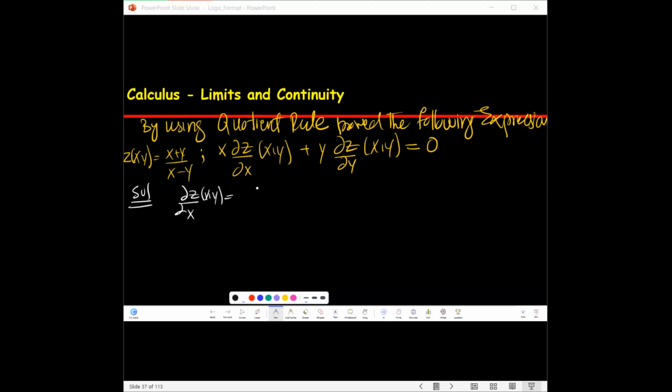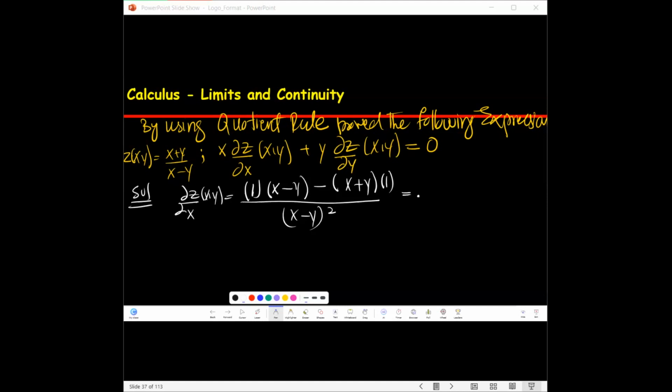I take the numerator, x minus y: the x derivative is 1, minus y would be 0, so just 1 is left, and I write the denominator as is, then minus x plus y, and then the derivative is 1, divided by the denominator squared.